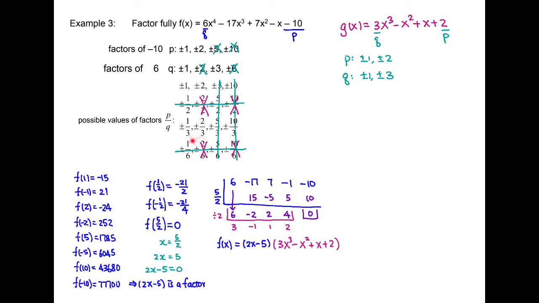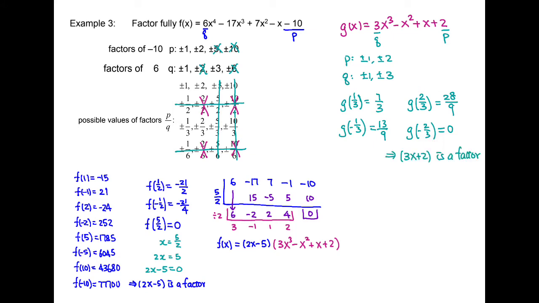Now we substitute the remaining 4 numbers into the function g to see which one can give us a 0. So we keep on trying until g of negative 2/3 is 0, so we know 3x plus 2 is a factor. Once we find a factor, we use synthetic division again to divide it.